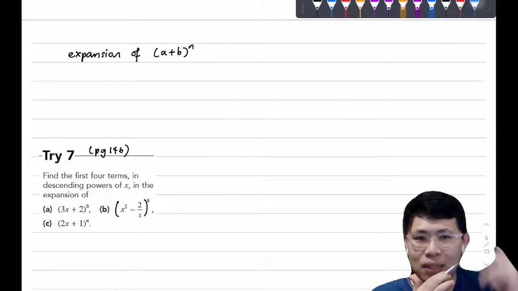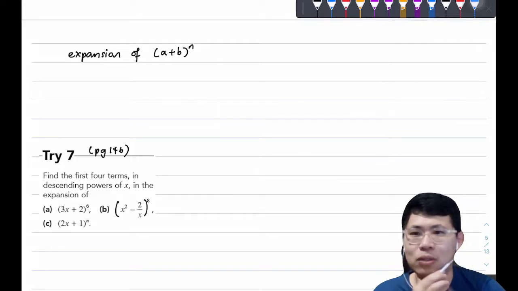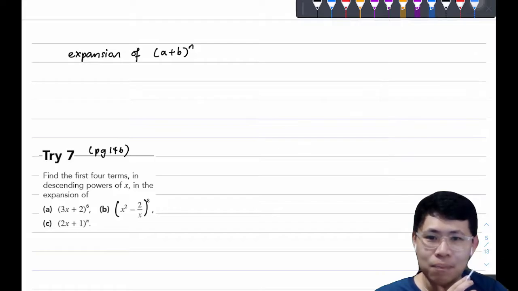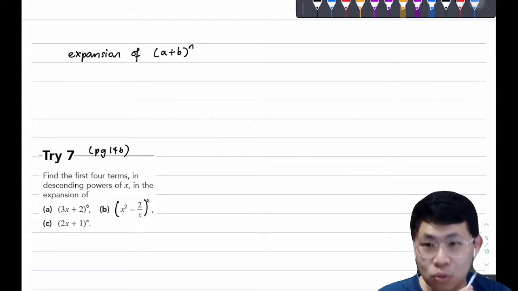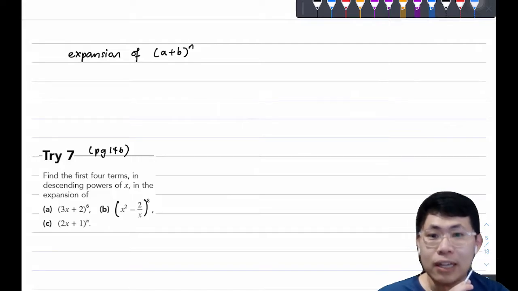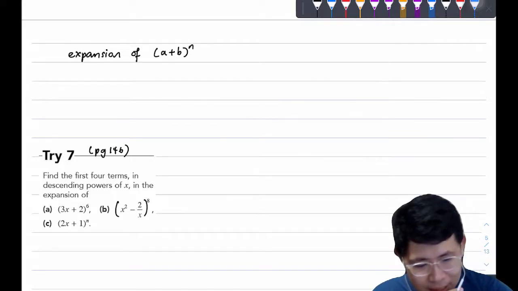At the end of the day, we did the expansion of a plus b to the power of n. We did it mechanically for one or two cases, and we applied the formula for the expansion. So let's revisit the formula.